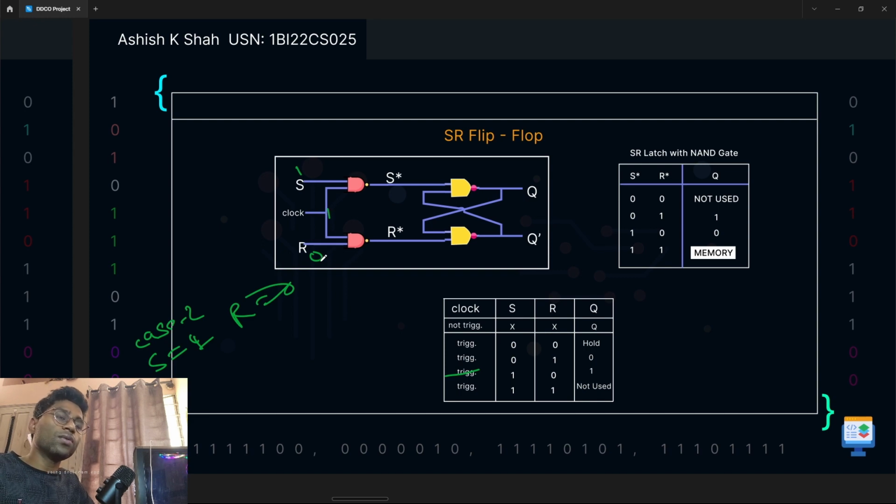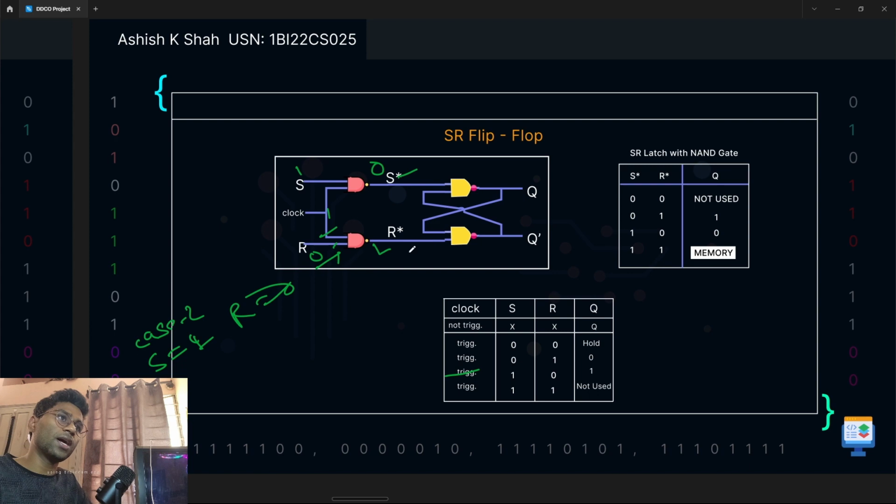Okay. Now here you can see R is 0. What we have to do is, we don't have to see this, because here we are having both the inputs. Then we can use our NAND gate truth table, but we don't have to, because we know if any input is 0, then output will definitely be 1. In this case we have to see 1 1. It will give output as 0.